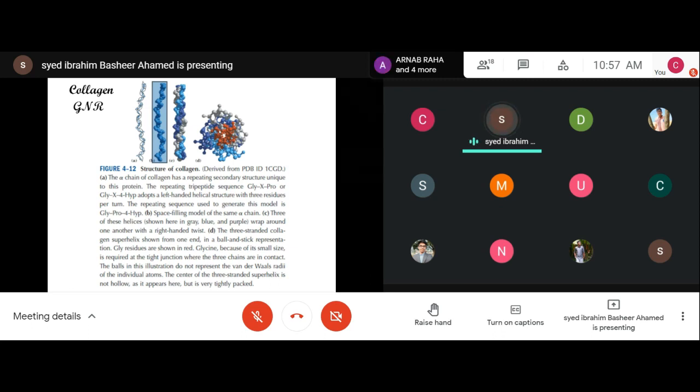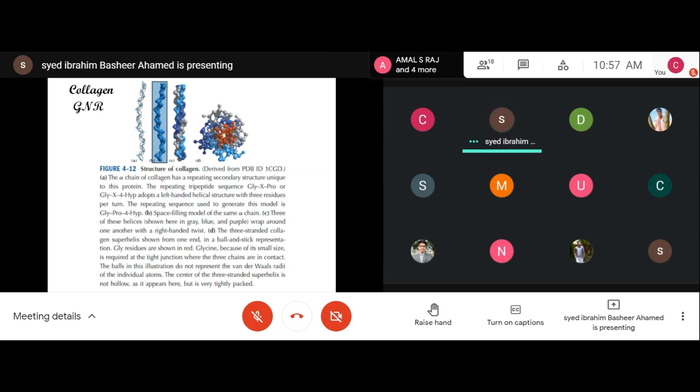By making several models like this, they came to a conclusion that is what we call the Ramachandran plot. It was a very nice discovery, and they proved that the collagen structure is possible and that the structure they solved is correct.